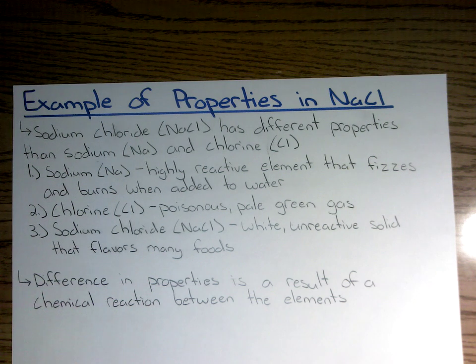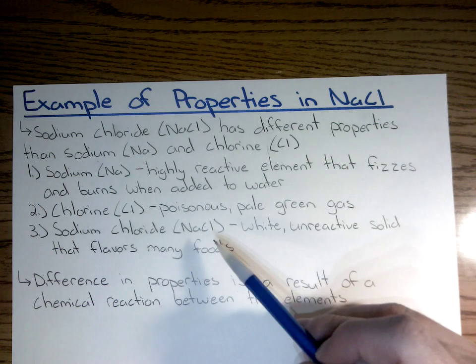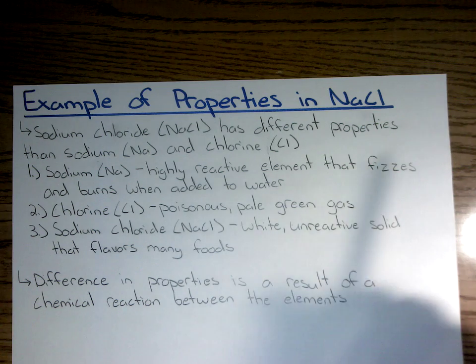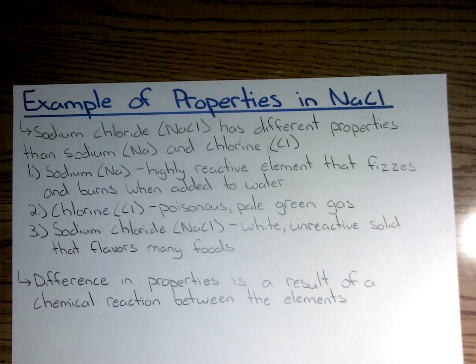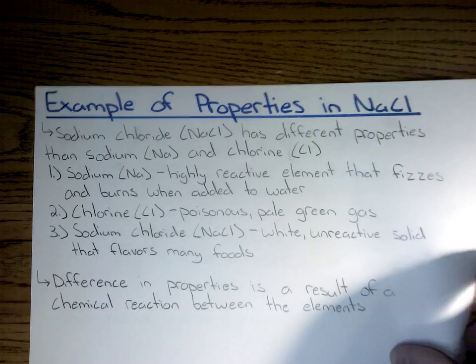Alright, so we've looked at a couple compounds, and like I've said before, they have this defined exact ratio. And because they have this defined exact ratio, we have the law of definite proportions.